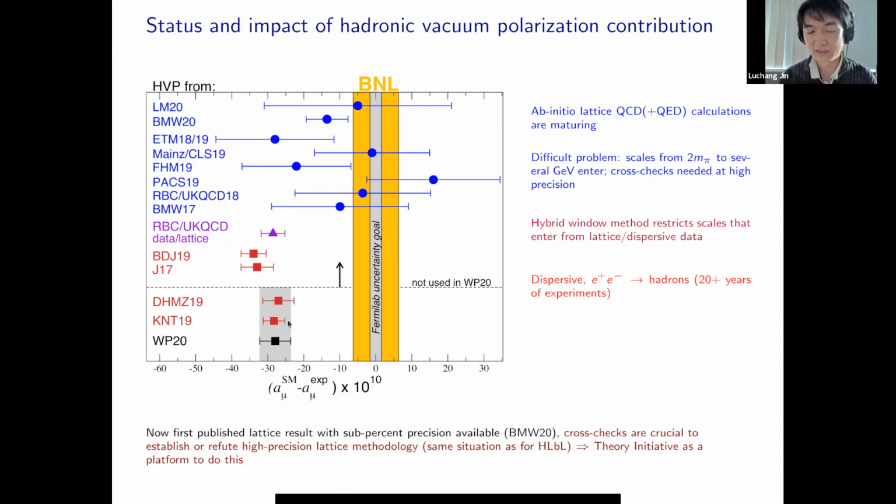Also, as Marcus mentioned, there is a different type of experiment, the MUonE experiment, which is very different and doesn't have the complexities that we have in these ones. So that experiment will also be a very nice check on the HVP contribution.